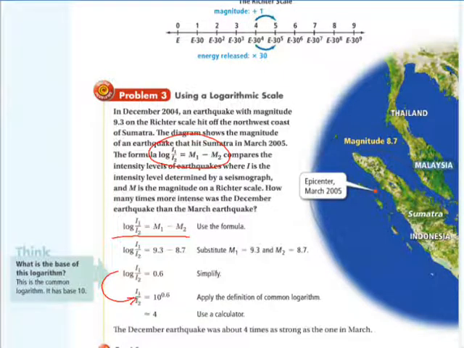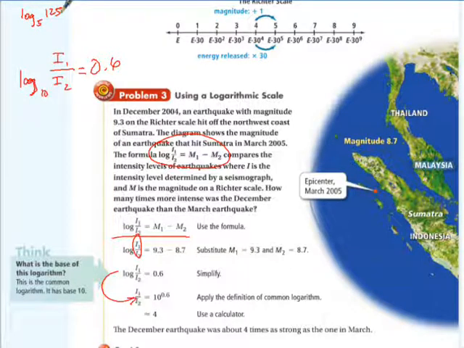That's simply because of the same stuff. If this is confusing you, this big variable, then I understand. We can walk through that. But this is log base 10 of I1 over I2 equals 0.6. If you go back to earlier, when we had the log base 5 of 125, we're basically saying, when we change that to exponential, 5 to the what power equals 125.